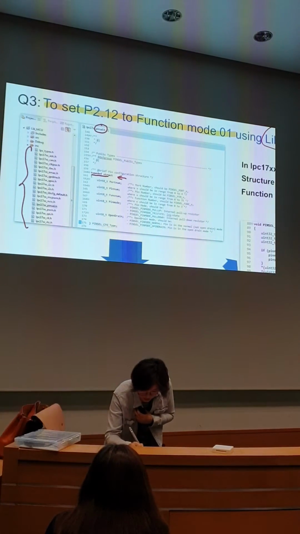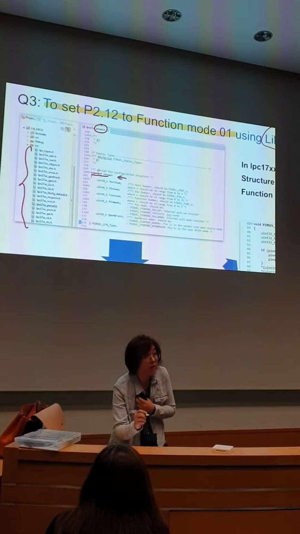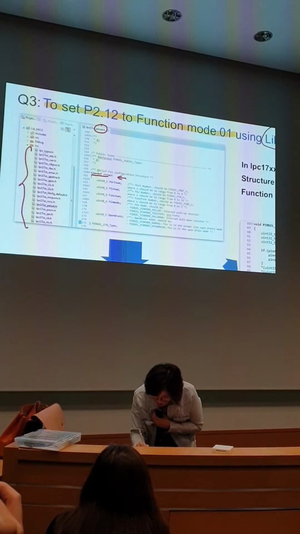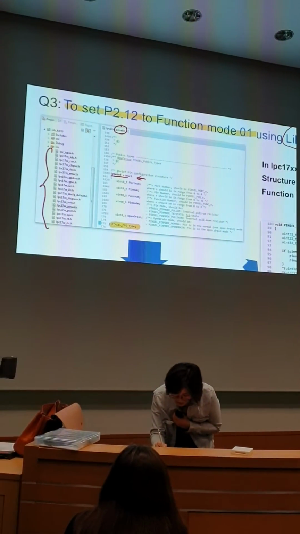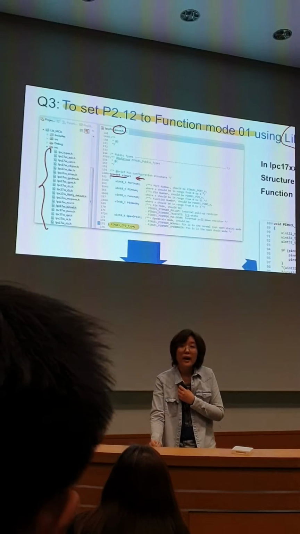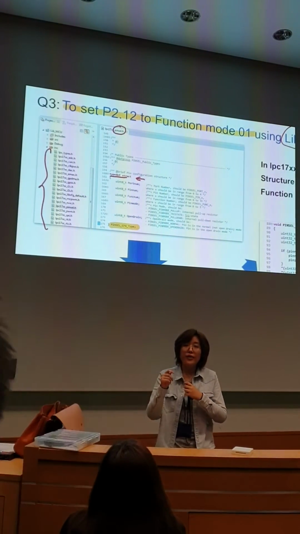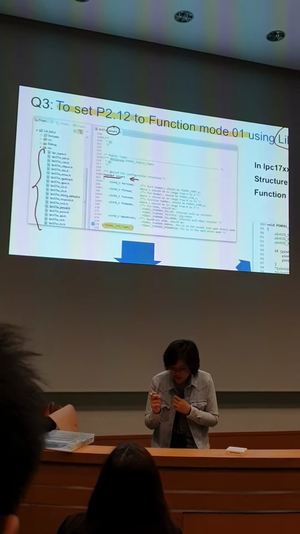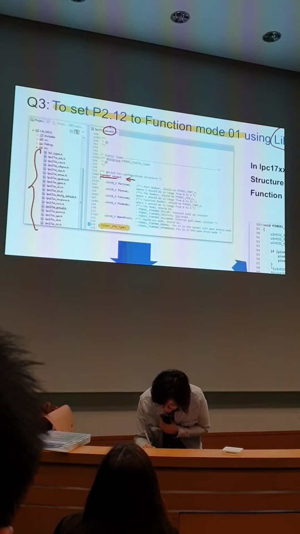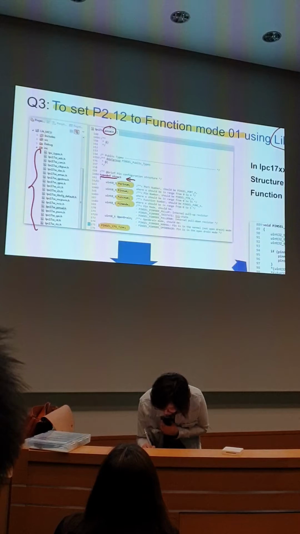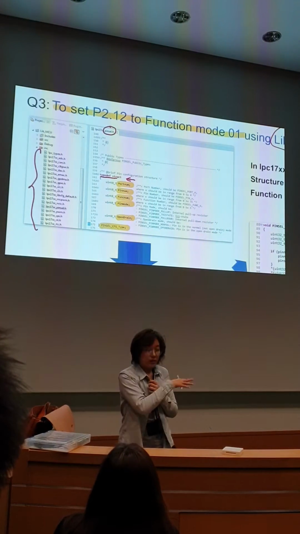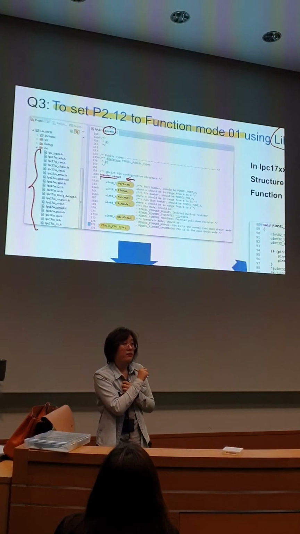In this case, the name of your structure is pin cell CFG type, and inside it you have port number, pin num, func num, pin mode, and open drain.